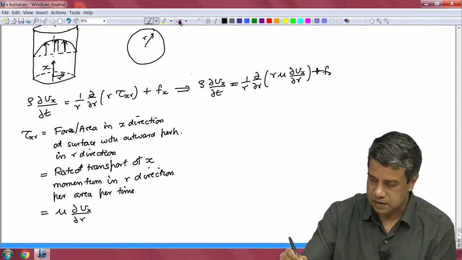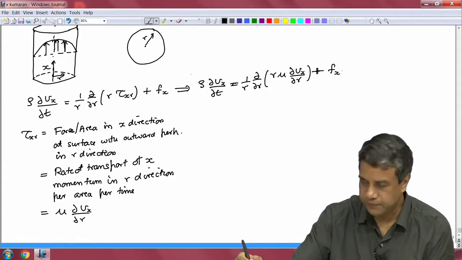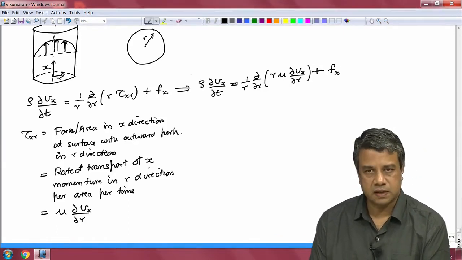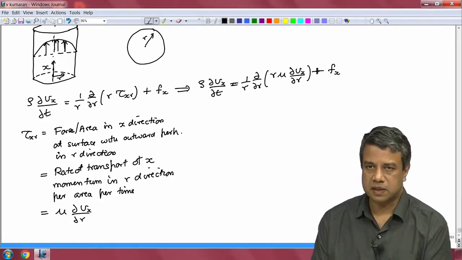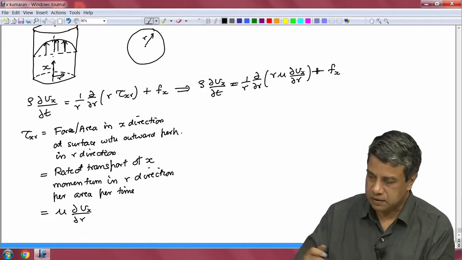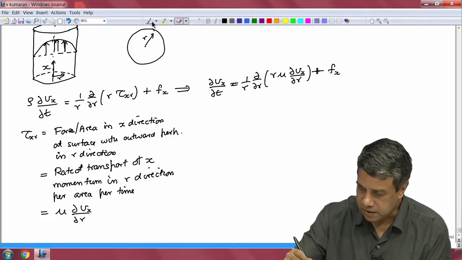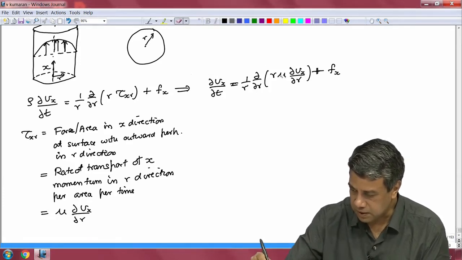Fx is the force density, the force per unit area in the r direction. For an incompressible flow where the density is a constant, I can divide throughout by density, and I will get mu by rho, which is the kinematic viscosity.